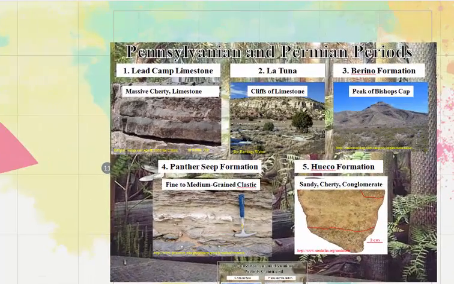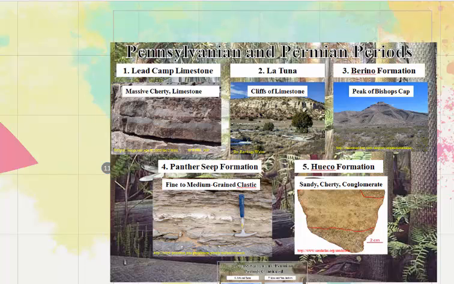The last periods to discuss are going to be the Pennsylvanian and Permian periods, which can be divided into 7 formations. First is going to be the Lead Camp limestone, which consists of a massive cherty limestone, which can also be viewed from cliffs.